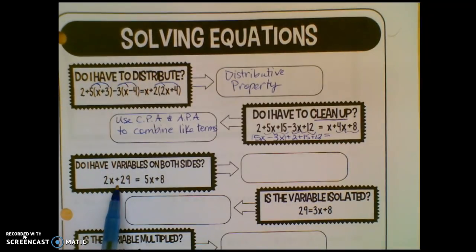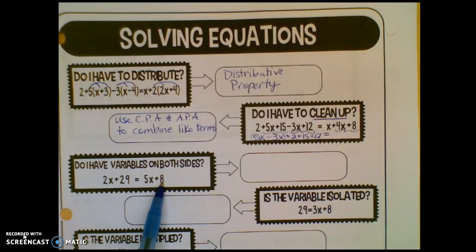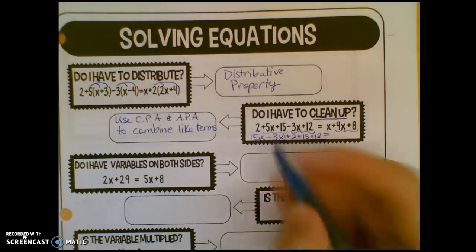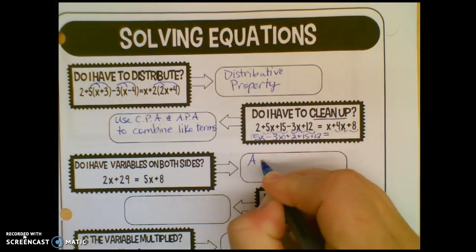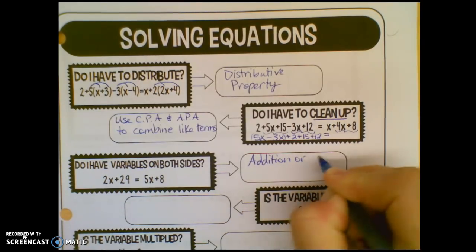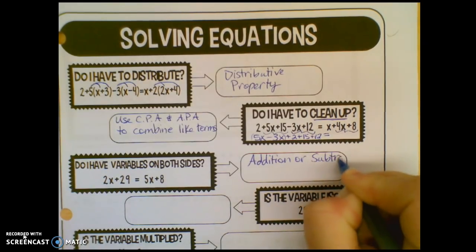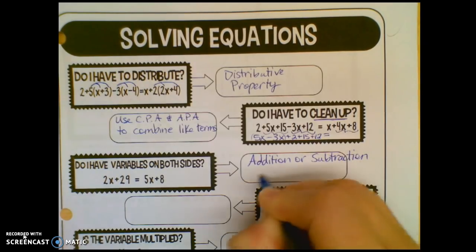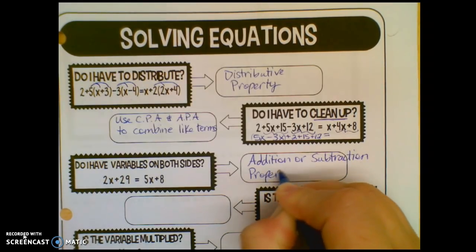Now that the left side and the right side are simplified, the next question you ask yourself is, do you have variables on both sides? And if you do, you're going to use the addition or subtraction property of equality.